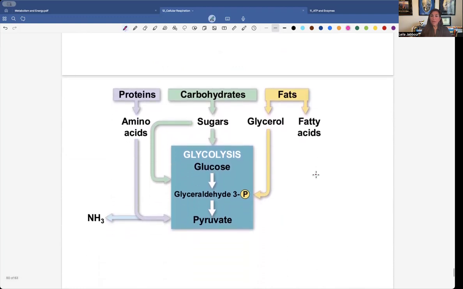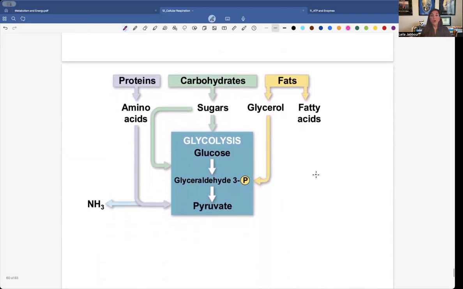So proteins, carbohydrates, and fats, they all eventually will go through glycolysis. So we do produce energy from all of these food sources. We use the example of glucose because it's straightforward, and this is how glycolysis takes place, with glucose.